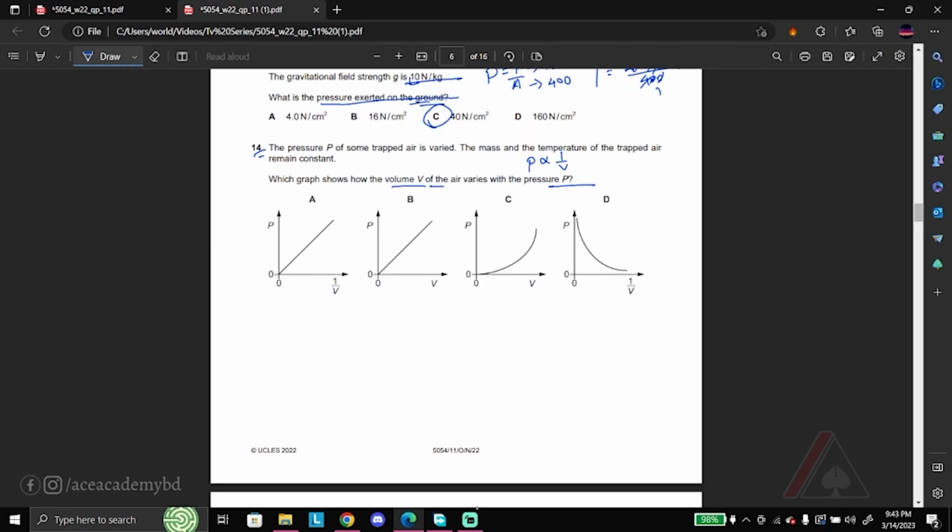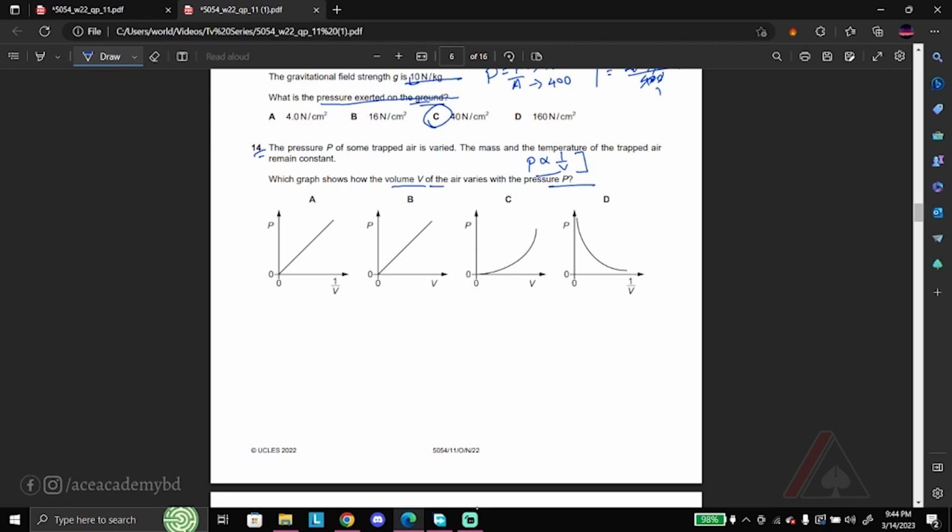We write this in this form, which can also be said as pressure is directly proportional to the inverse of V, or 1 by V. This necessarily means that if pressure increases, volume will decrease. Likewise, if volume increases, pressure will decrease.